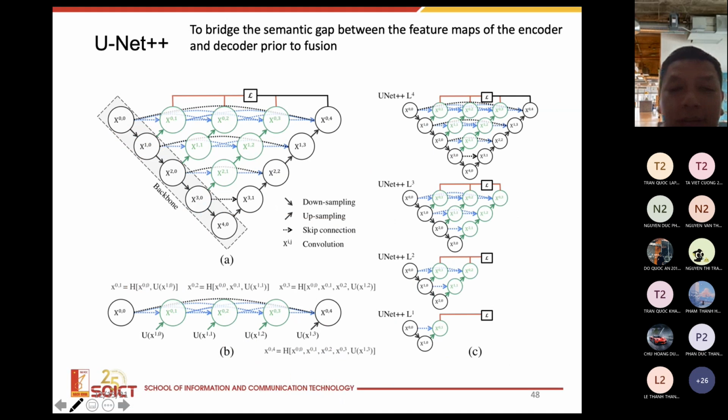Okay, then we can continue to discuss UNet++. The idea of UNet++ is to bridge the semantic gap between the feature maps of the encoder and decoder prior to fusion, right?